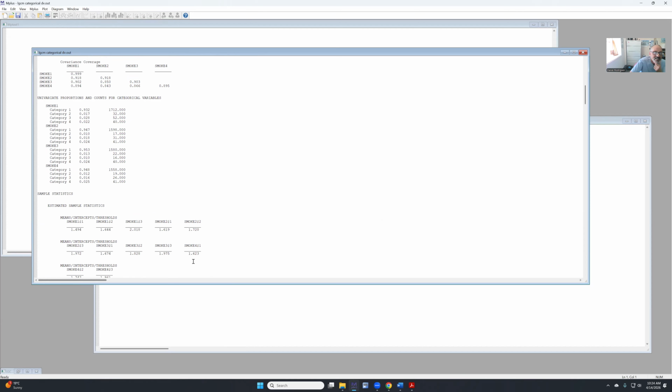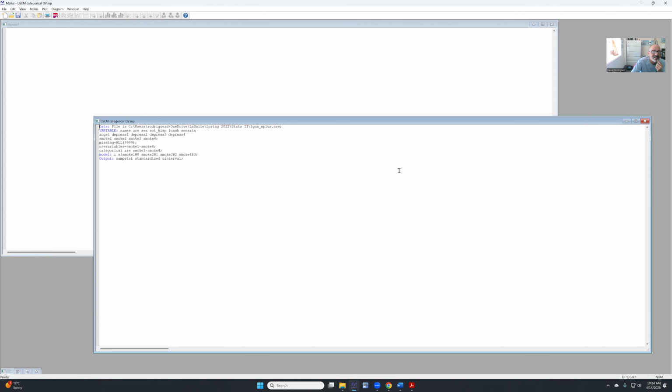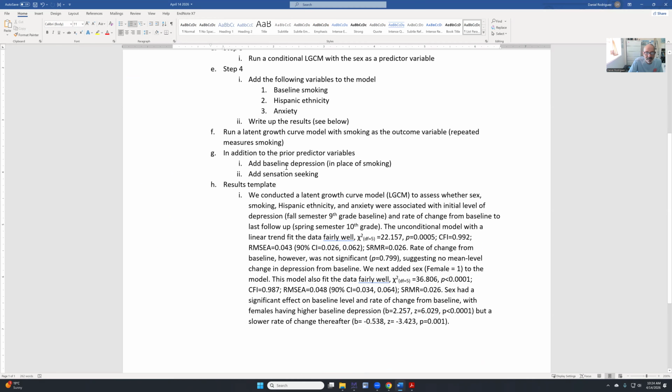But let's take a look at adding some predictor variables, right? Because wasn't I saying that this is getting larger over time, more or less, right? Yeah, this is a large data set. Okay, so what did I want to add here as predictors? Add baseline depression. In addition to the prior predictor variables, run latent growth for smoking.